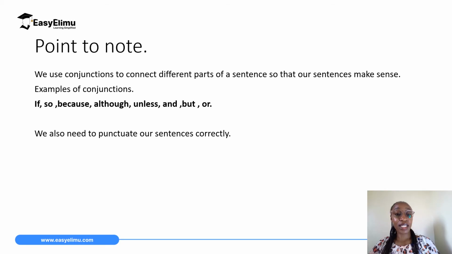And the last thing is that we need to punctuate our sentence correctly. We need to know, number one, how to punctuate the sentence, two, what punctuation mark to use, and three, where to place the punctuation mark so that it makes grammatical sense.